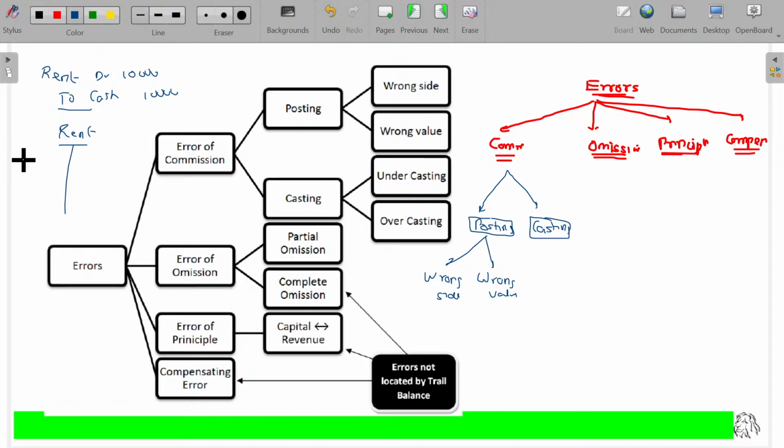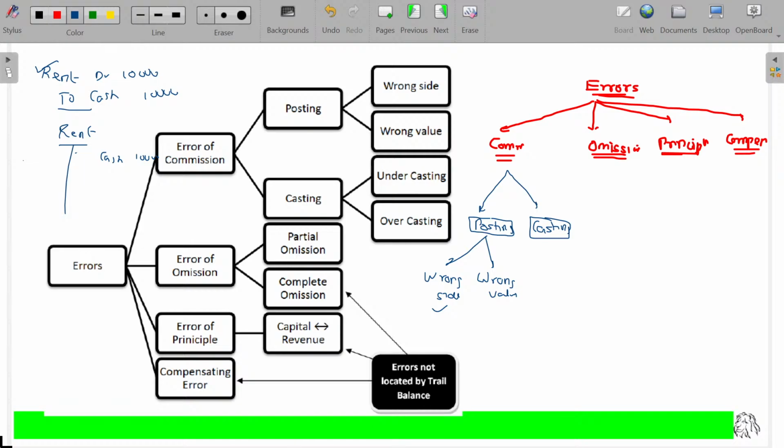Here only, to cash, but wrongly they have posted here, to cash 10,000. So in rent account, to cash is the correct one, but they have posted in the credit side. Rather than posting that in the debit side, they have posted that in the other side. This is called wrong side posting.